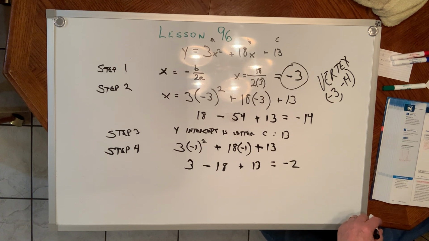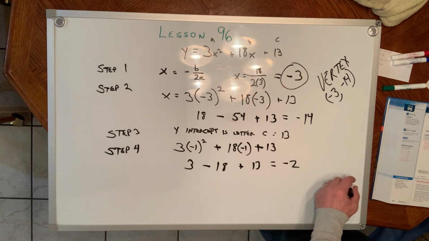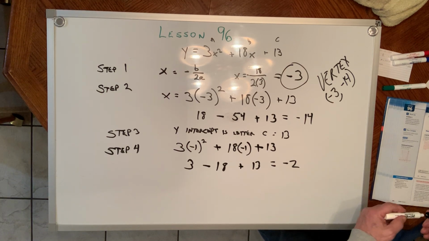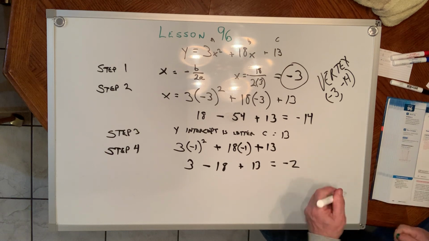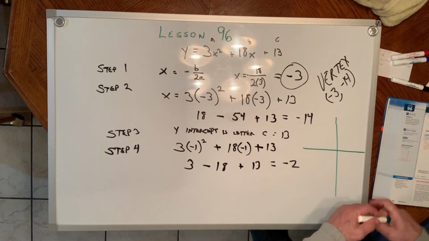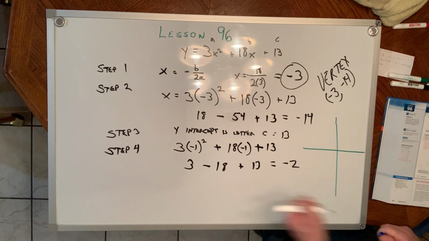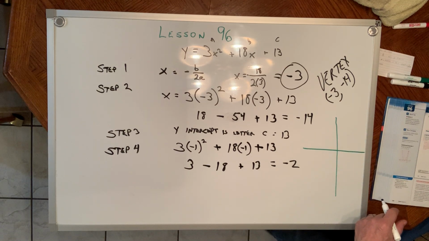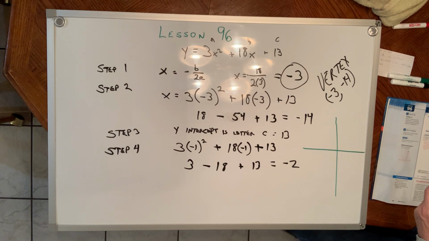Now, here's where we're going to have to do some graphing again. Let me make a nice graph here as best I can. We know that the vertex is at -3, -14. Now, look in your book on page 639. This is really interesting. I want you to look very carefully at the x-axis and the y-axis. They do something real interesting here.